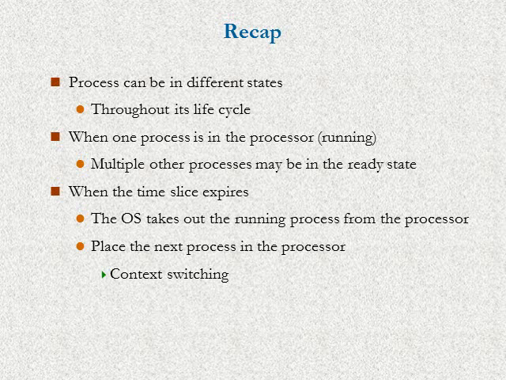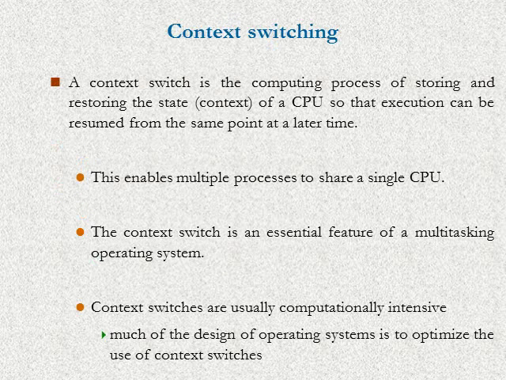We call it the context switching process. When a process is taken out from the processor, the whole state of this process, like the instruction it is working on, the values of the registers, the values of the stack, the next instruction to be executed, and all the important information that is associated with this process, is stored somewhere.